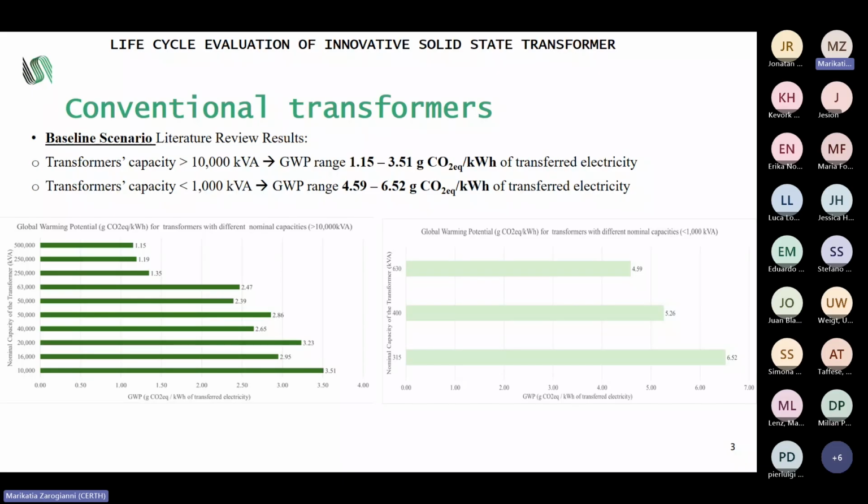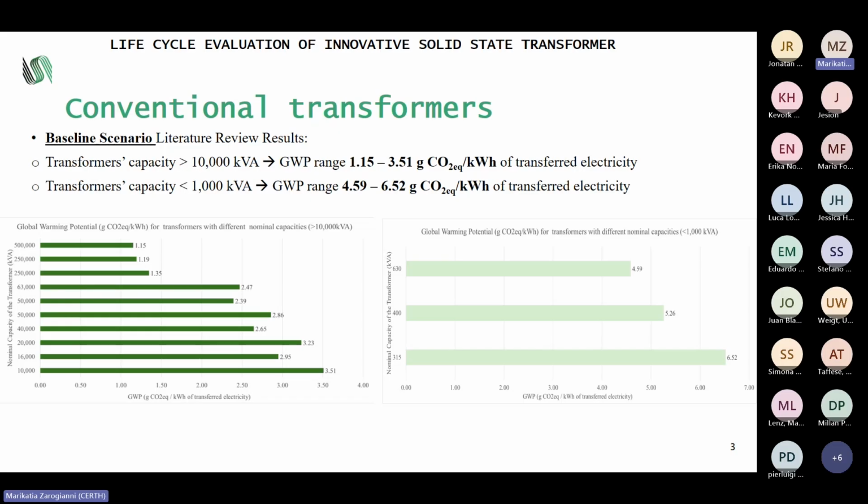First of all, as a baseline scenario, data from the literature was used to calculate the environmental impact of the conventional transformers. Data was adjusted to align with the functional unit of the project in order to be compatible with the STAR module.